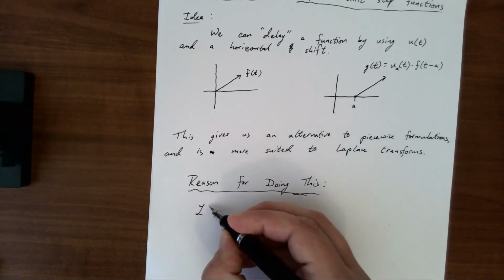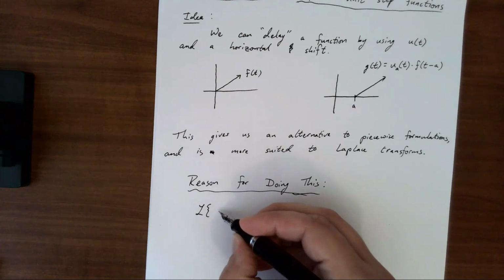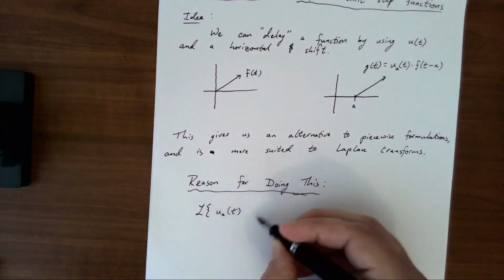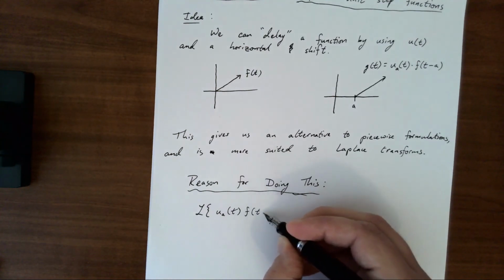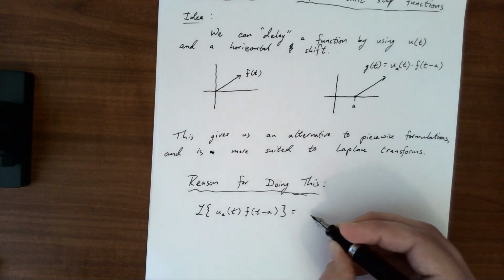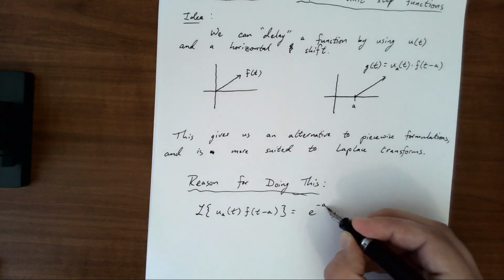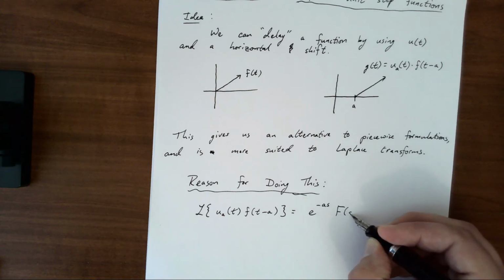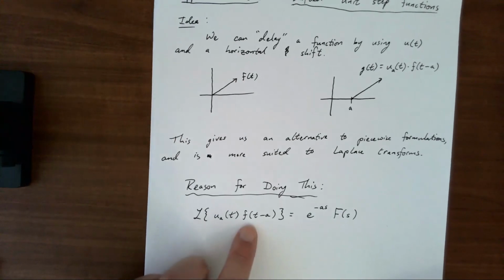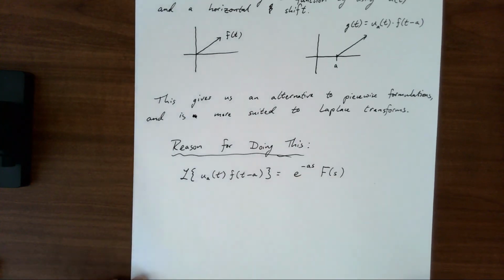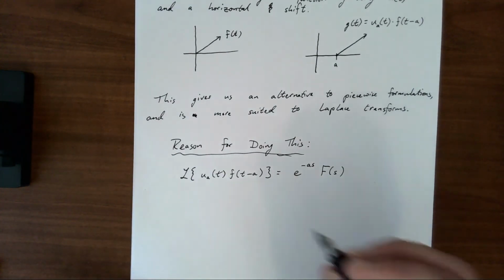So the Laplace transform of something of this form, u a of t f of t minus a, is equal to e to the negative as times capital F of s. So whatever the Laplace transform was going to be of the basic function f here, it's that same thing, but with an extra factor of e to the negative as in front.